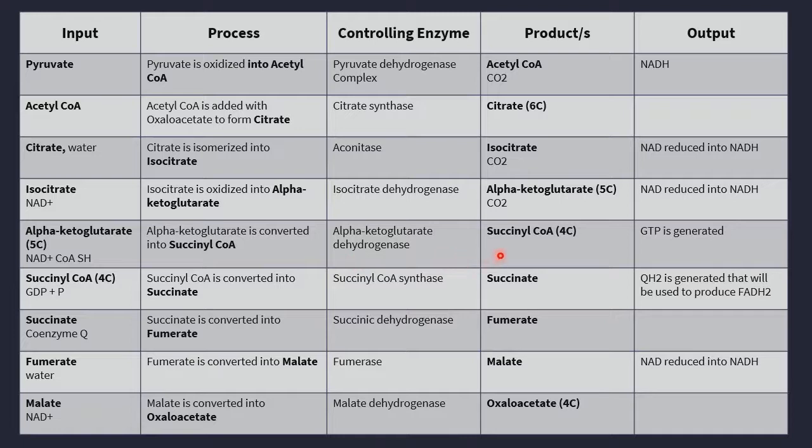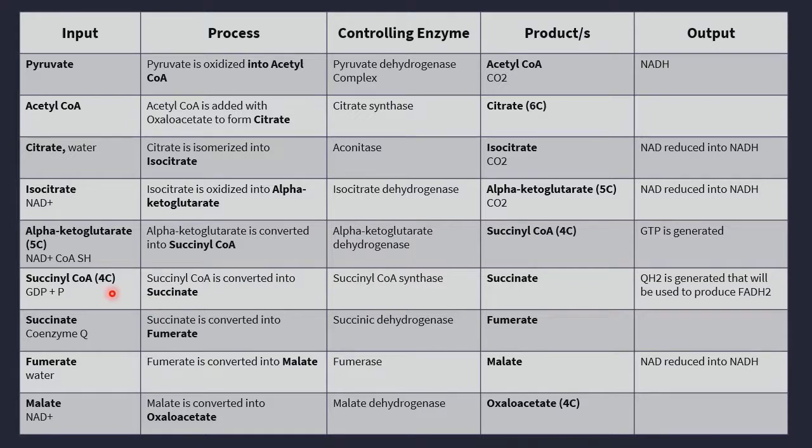So the compound that is produced in here is succinyl-CoA, which has only 4 carbons, taken from the original alpha ketoglutarate that has 5 carbons, less the carbon from the carbon dioxide that is released. Succinyl-CoA will now have a total of 4 carbons, while GTP is generated in this process.